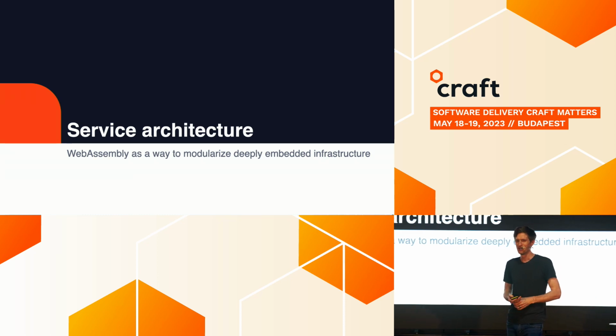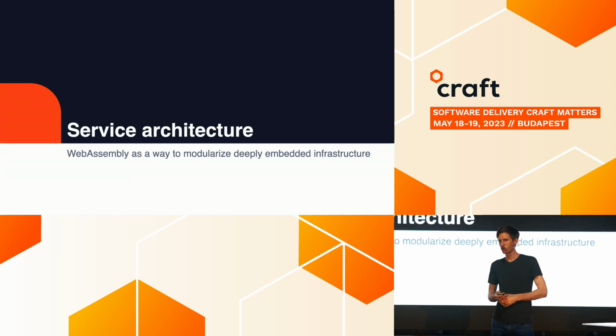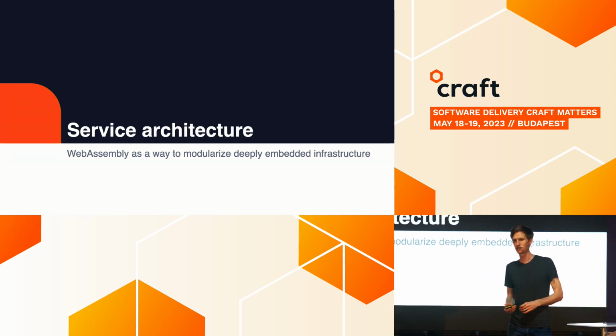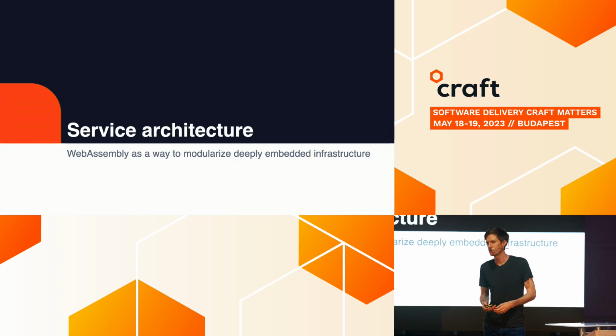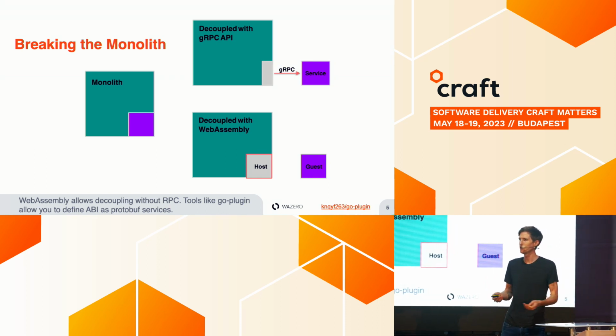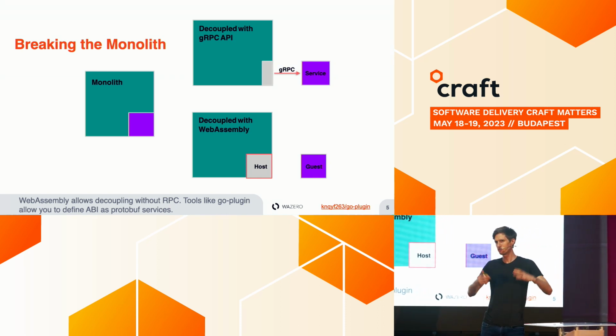Okay, so starting with service architecture, I'm going to go into how it actually runs in today's infrastructure, to bring out some conflicts that I think WebAssembly can help with. We've often heard presentations in the past decade about breaking monoliths. We have these monolithic code bases or monolithic apps, and we're trying to chip pieces away so that you don't have to have a huge build process and link everything together.